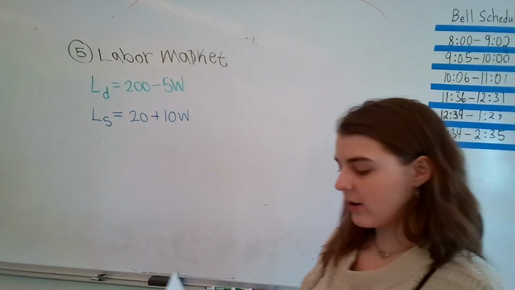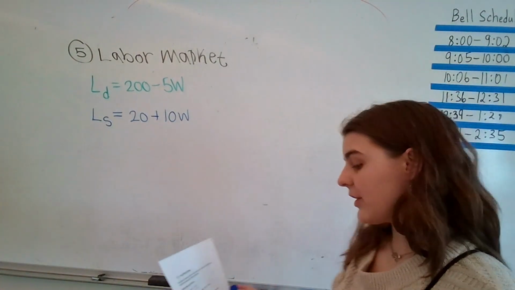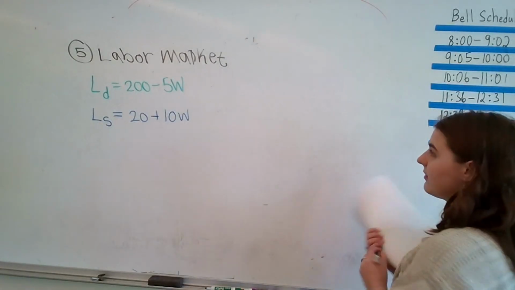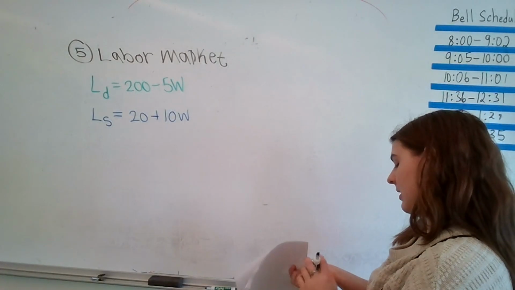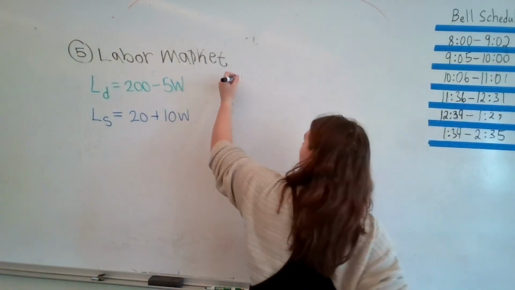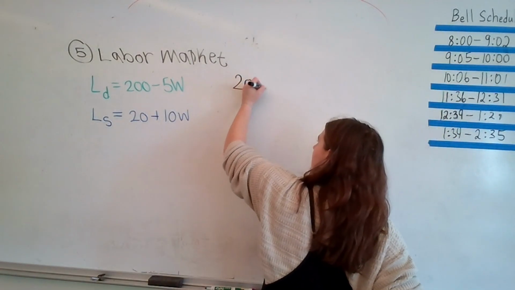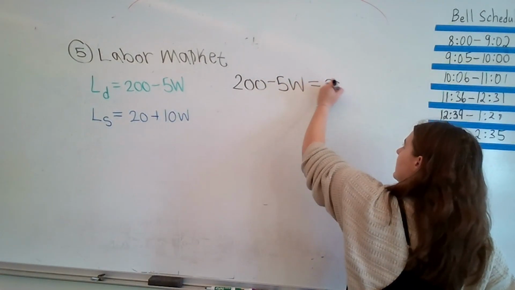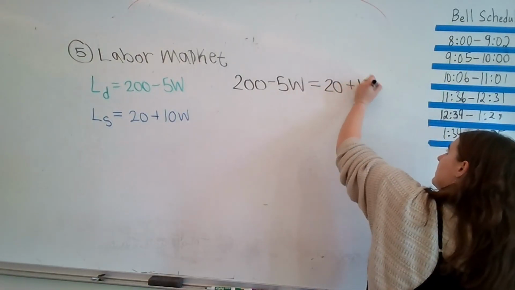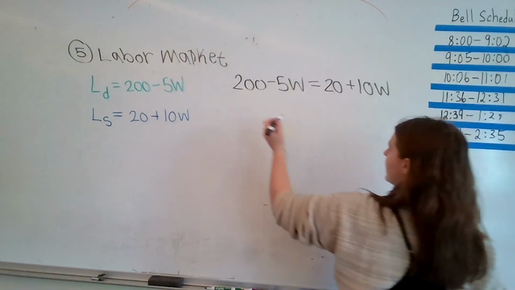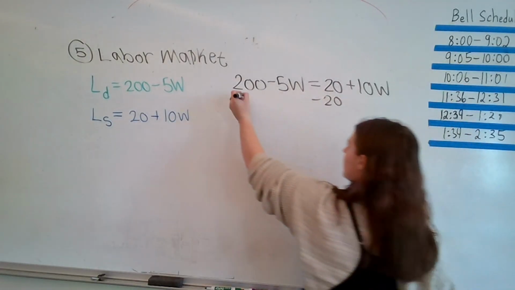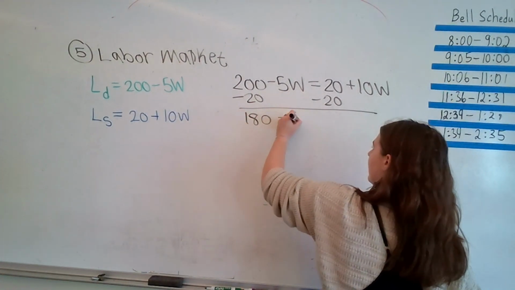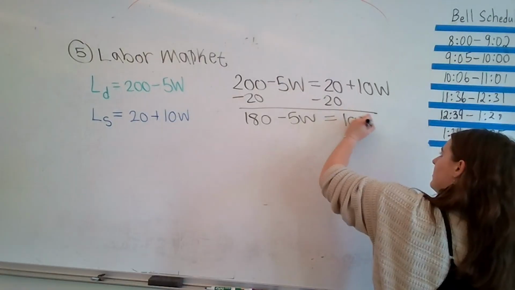So we want to figure out how minimum wage is going to affect this. The first thing we want to do is solve, just like before, for our equilibrium without any intervention from minimum wage. So we set these two equations equal: 200 minus 5W, where W is wage, equals 20 plus 10W. Minus 20 from both sides gives 180 minus 5W equals 10W.